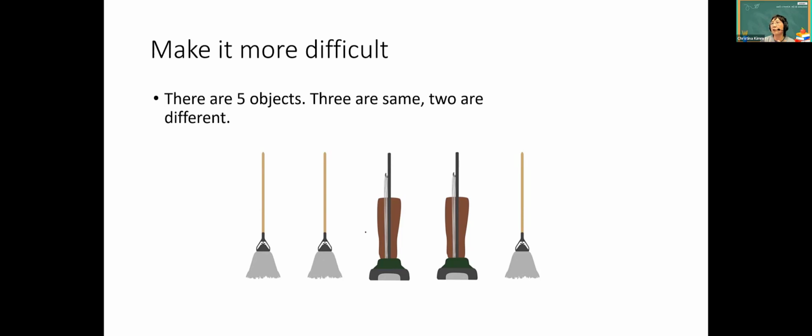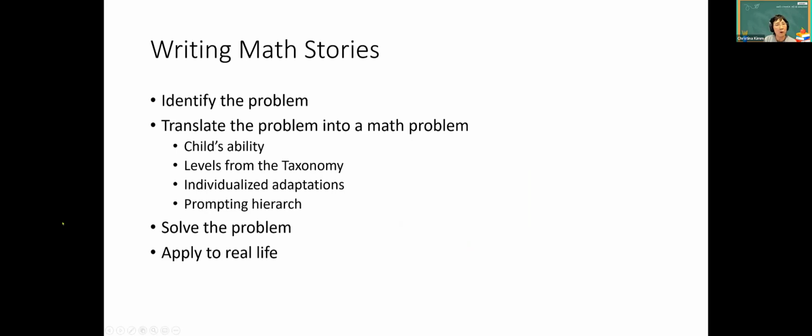Okay, so make it a little bit more difficult. What I'm saying is, with a simple task, as a special ed teacher's magic trick, you can always make it more difficult. So now, they have a 5, and they have to find the 2. Now, I told you that math is not just numbers anymore. With the Common Core, math leads into literacy.